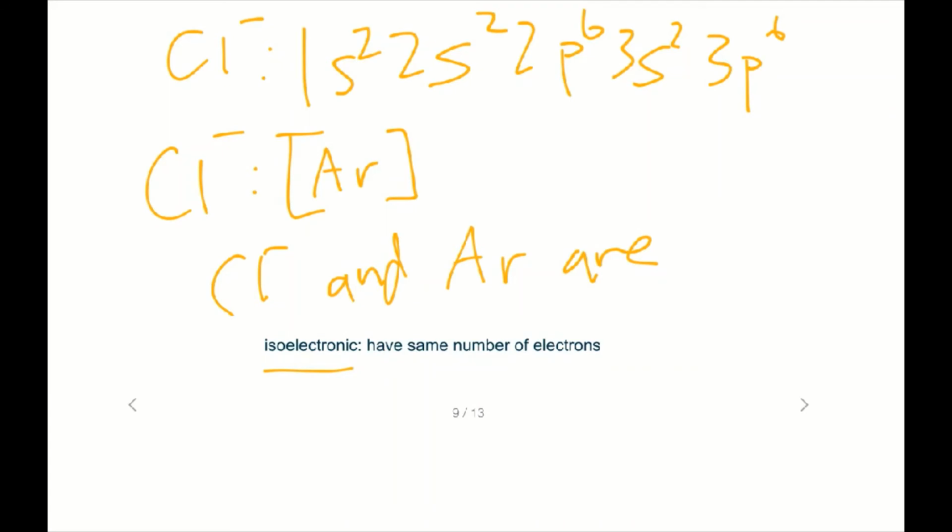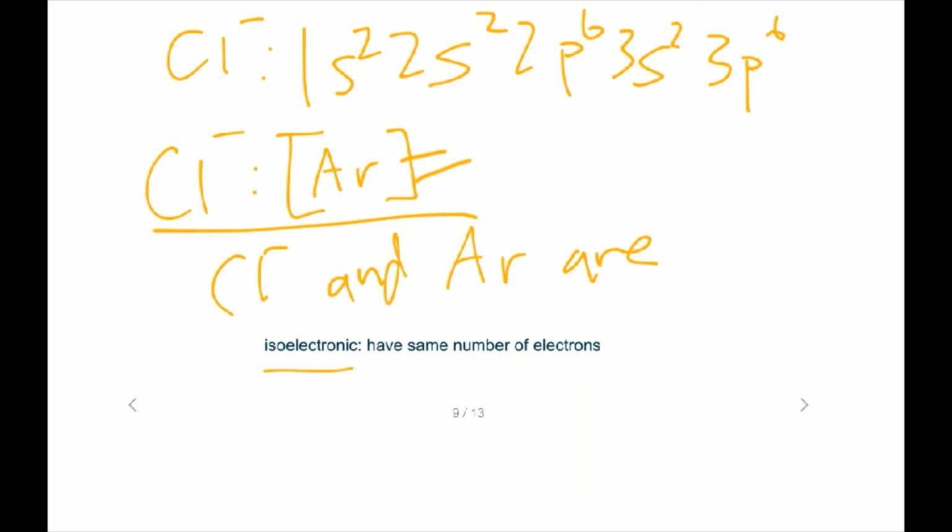Notice how the electron configuration for chlorine, when written in its abbreviated form, is just the electron configuration for argon. So chlorine has the same electron configuration as argon, and as a result, chlorine is stable because, remember, argon is a noble gas, which means that it is super stable and doesn't want to react because it has the right number of electrons, its outermost shell is completely filled, and I guess you could say argon is a happy element.